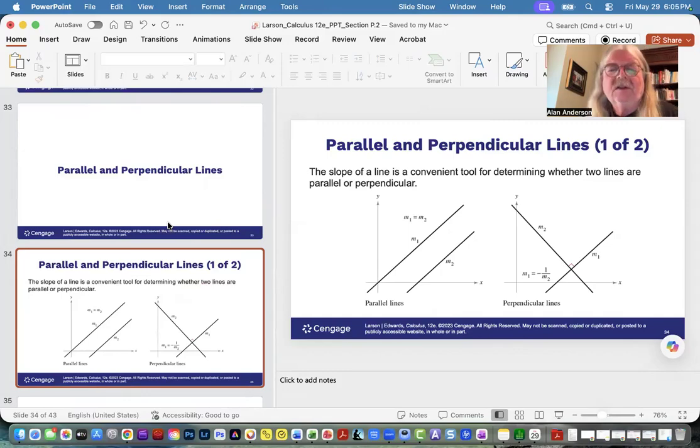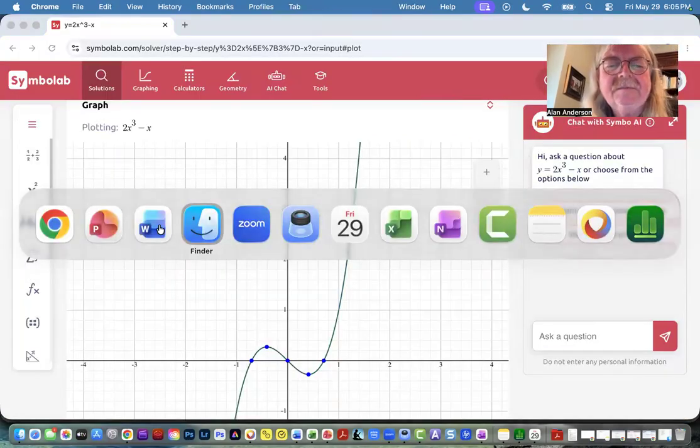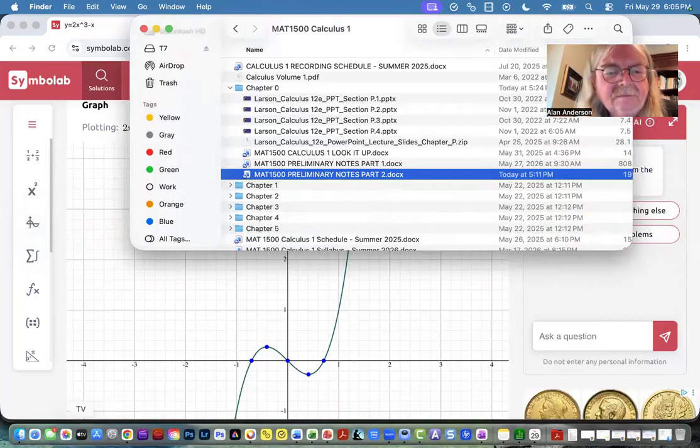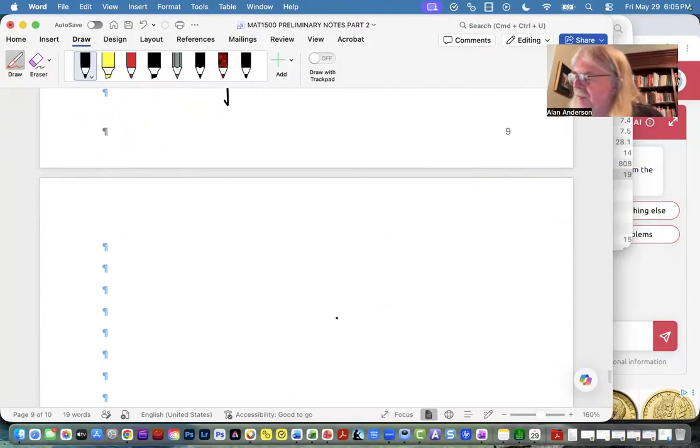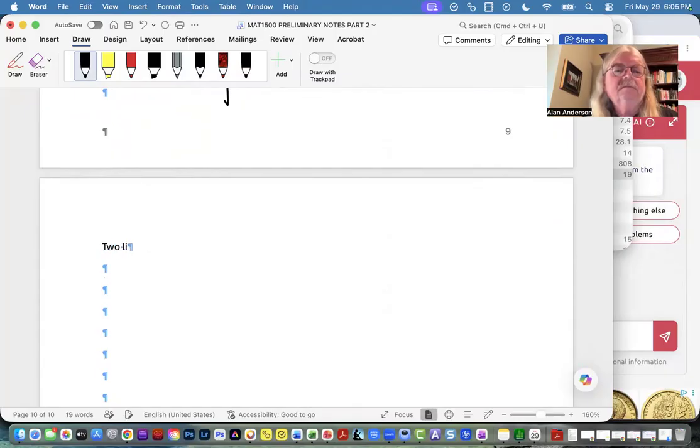Here's a blast from the past. Parallel and perpendicular lines. So how does that work? I noticed that people tend not to forget how parallel lines work, but they might forget how perpendicular lines work. So we said that two lines are parallel if they have the same slope.